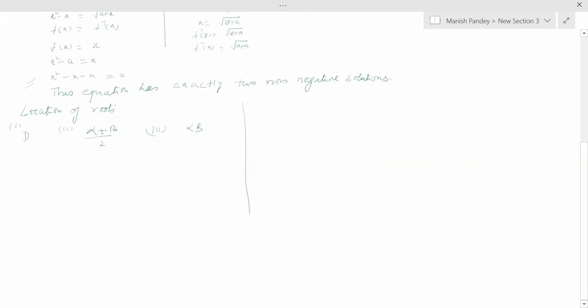So this equation has two different solutions. It means first is D greater than 0, not greater than equal to 0.